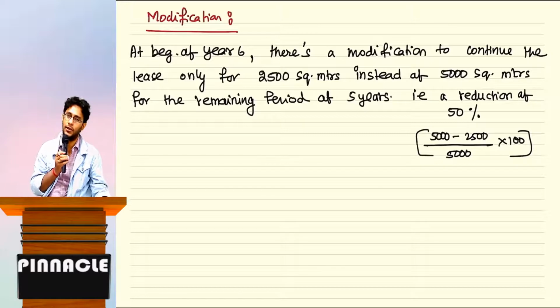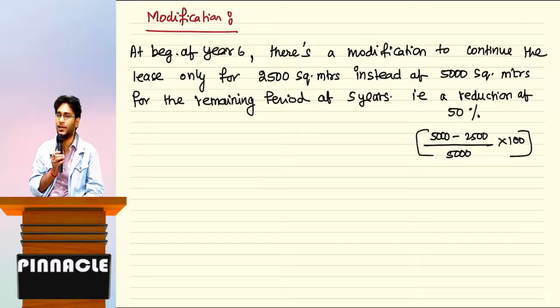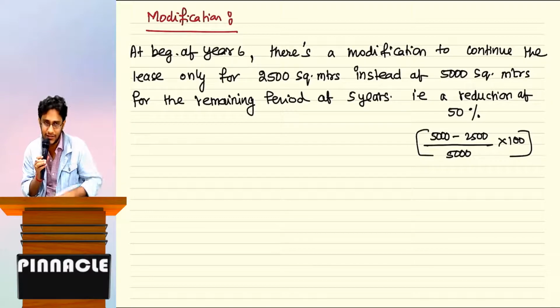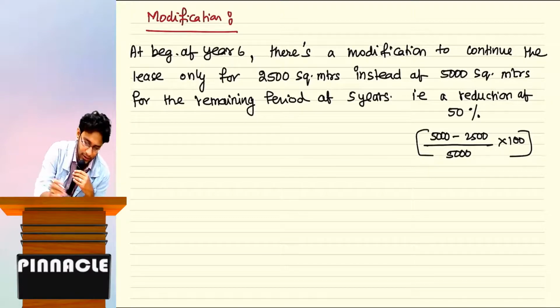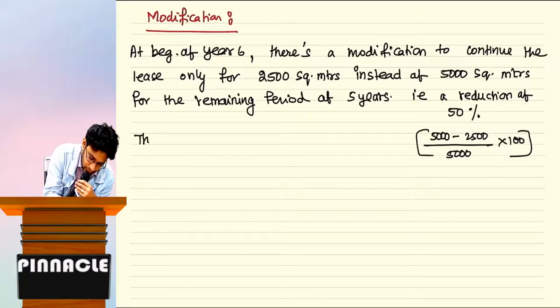For example, in this sum say the original remaining lease period is 5 years, but hereafter we negotiated that the remaining lease is not 5, it's only 3 years. That is also a decrease in scope. There, the percentage calculation might not be apt. So it will change case to case, sir. For this sum, this is correct. There is a decrease in scope.